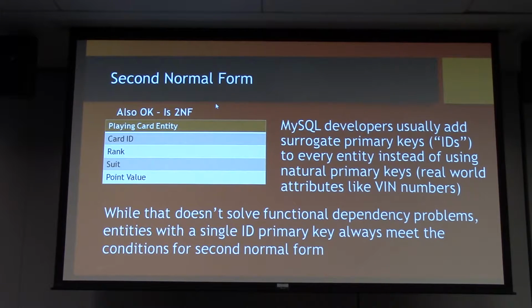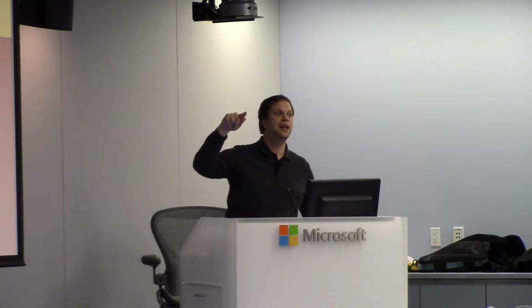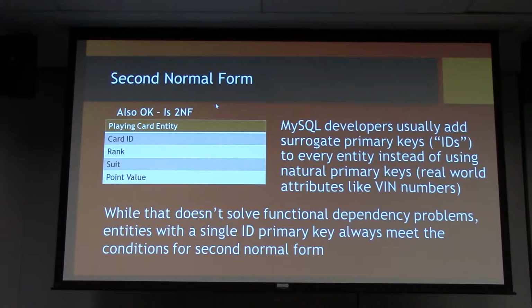Now, when you have a card ID here, technically anything that has a primary key where you throw in a surrogate key like card ID is going to be in second normal form, because your primary key is now not a composite key. Your primary key is that new card ID that you created. I think that might be one thing that is confusing about the examples in the book. All of the examples in the textbook that say they're violating second normal form technically are not violating the form, because all of those examples did have a surrogate primary key up top.